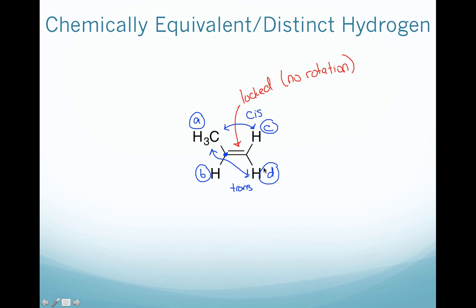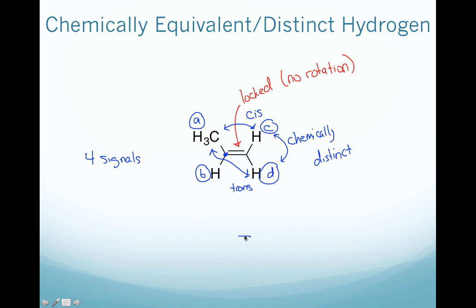So protons C and D are chemically distinct even though they're on the same carbon atom. And that's because we're locked by this alkene. So this is going to have 4 signals.